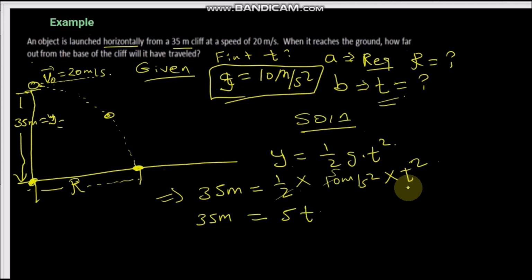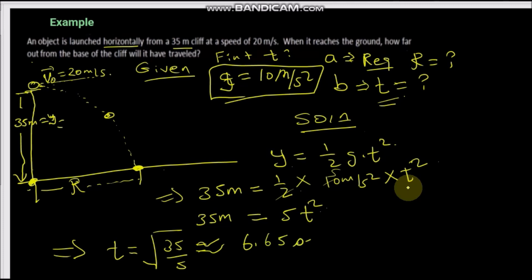Now t squared, this implies t is equal to the square root of 35 over 5, which is approximately 6.65 seconds. You can use your calculator, no problem.